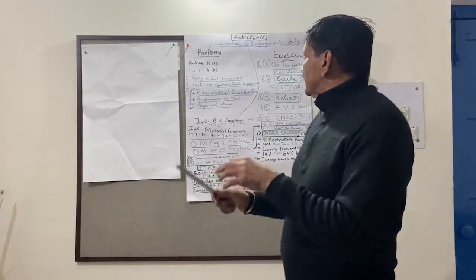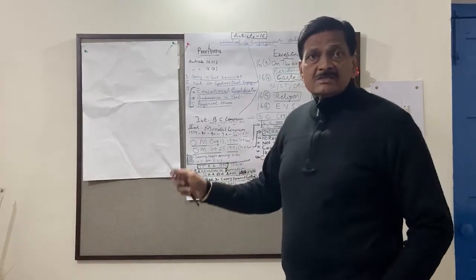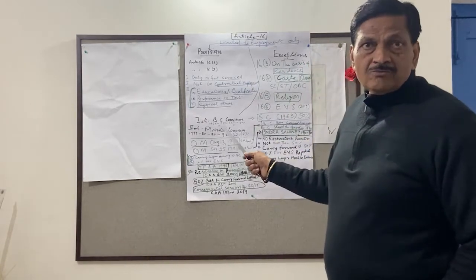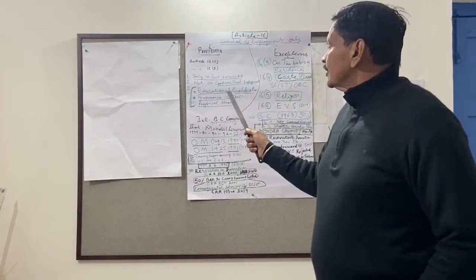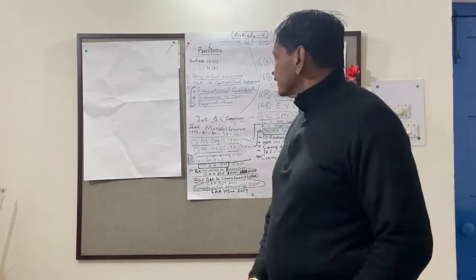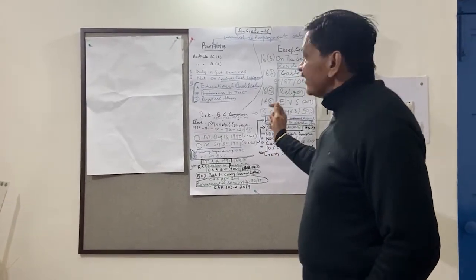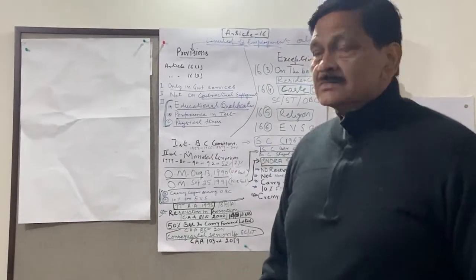So in this lecture, I will tell you the basic provisions, exceptions and the Supreme Court cases which emerged in the implementation of Article 16. So for your convenience, students, I have bifurcated this article into two sections.